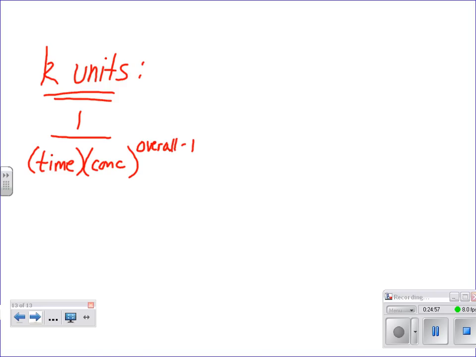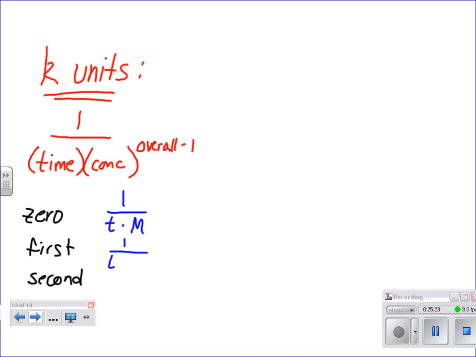So for example, let's look at our 3 examples. We've got zero, first, and second order reactions. In every single case, we're always going to say it's equal to 1 divided by our time and divided by our concentration, which is molarity. Now what we have to do is raise those to the appropriate power.